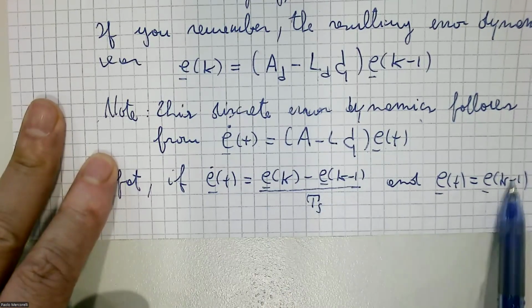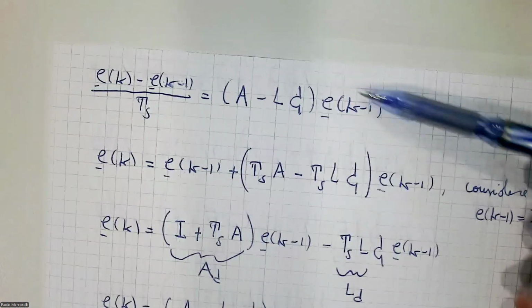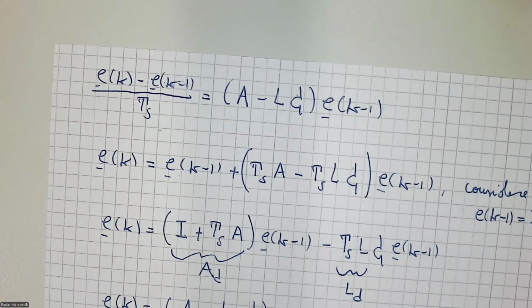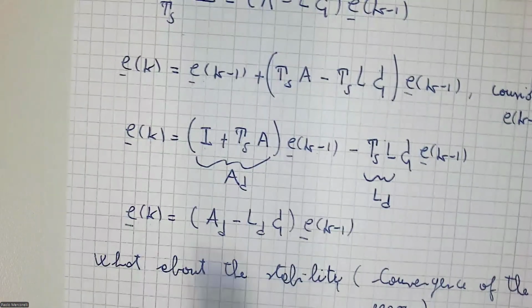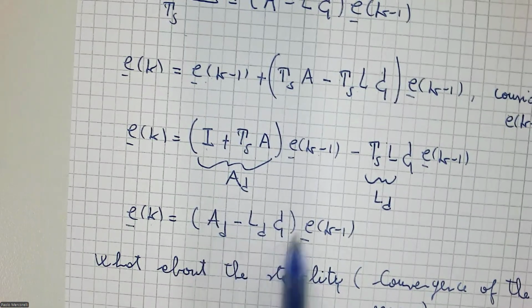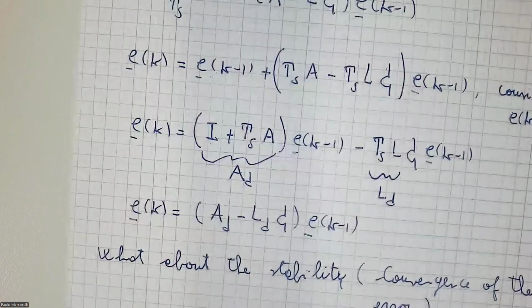If I do the discretization with forward Euler, we can see from here, no? Forward Euler. If you do the calculations, we have this expression here, which, if you remember, is asymptotically stable if the eigenvalues of this expression are mapped into the unit circle.